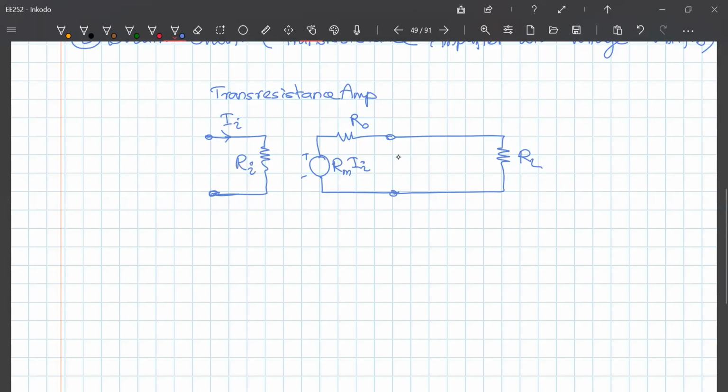this is my input impedance, without feedback. So this is my amplifier, and my input is a current source. Okay, so I have a current source like that. I need to connect this to this circuit, but now I also have a feedback network.